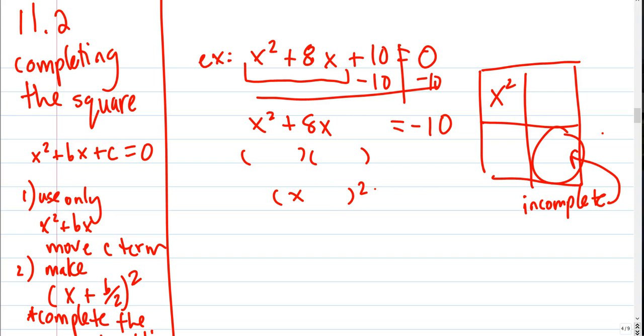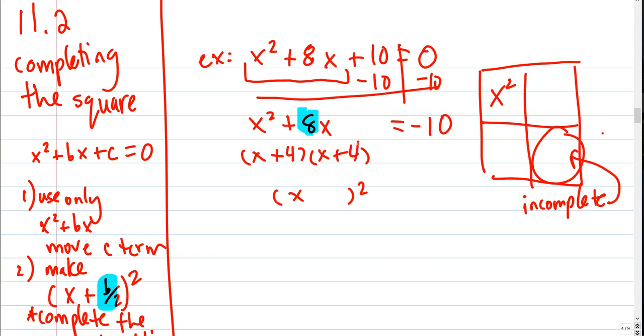I know x times x makes x squared, so that's the easy part. But I need these two numbers to combine to make the 8, and I need them to be the same number. So we use b over 2. I take the b term and cut it in half, and I put a 4 on each of these.